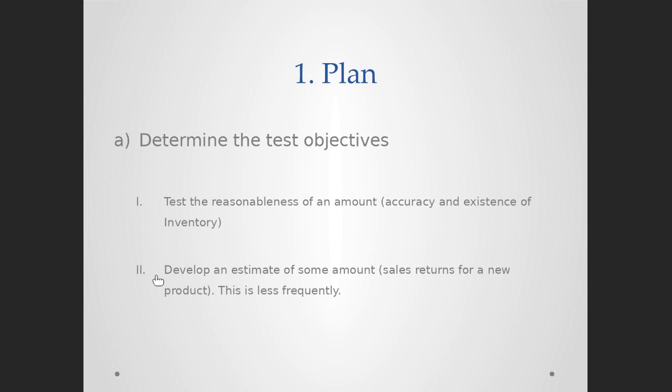There is another thing that can be done using monetary unit sampling, which is to develop an estimate of some amount, for example, sales return for a new product. You sell to customers and they bring the product back.